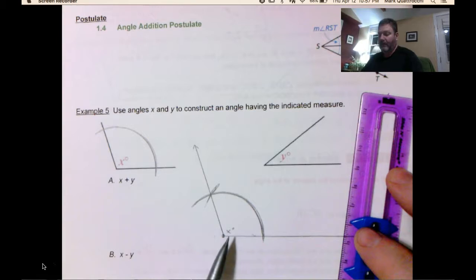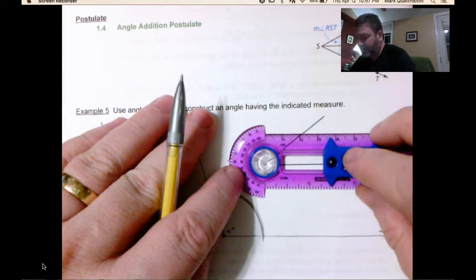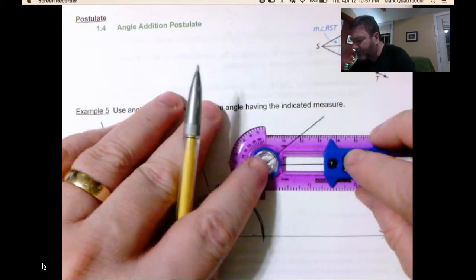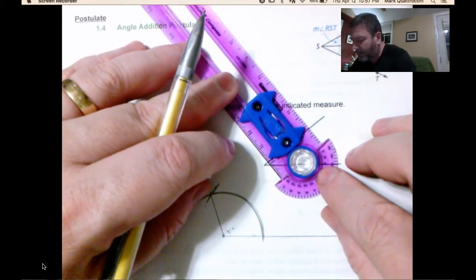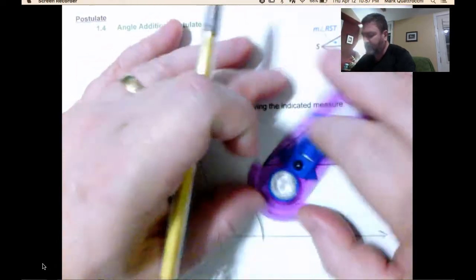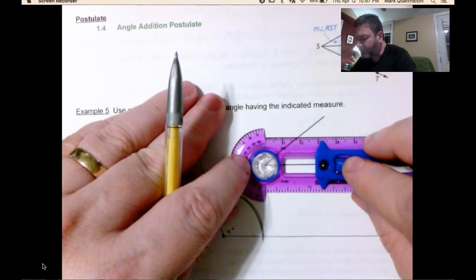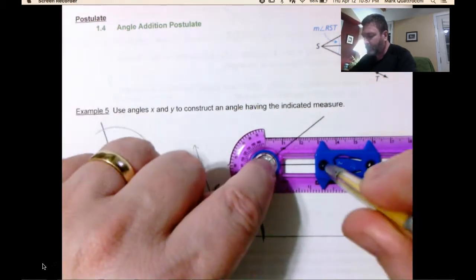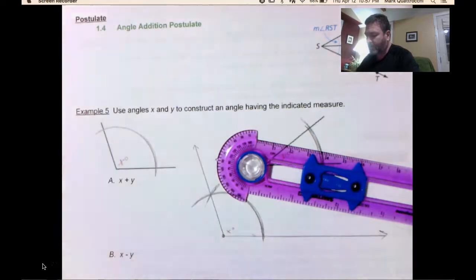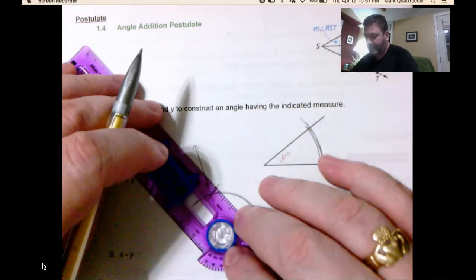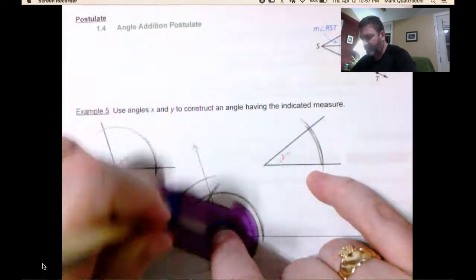degrees. Now, coming off of this, I have to make a copy of angle Y. This is a little bit harder to do because if I make an arc way down here, I won't be able to set my radius equal to that length. So I'm going to make the arc a little bit farther out here, just a little. And we'll come here. Make the copy of that same arc.